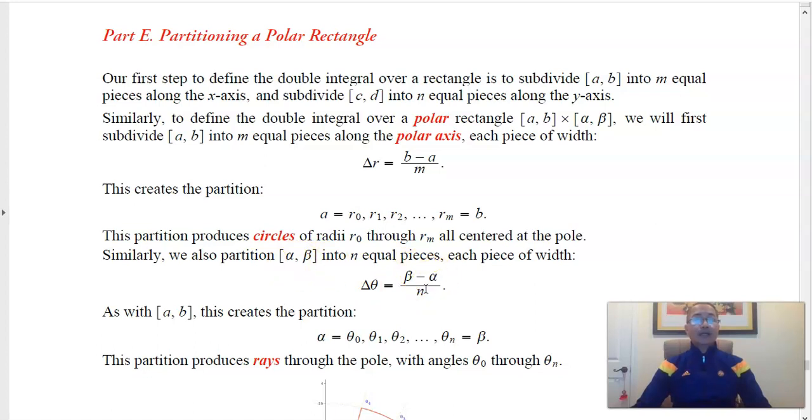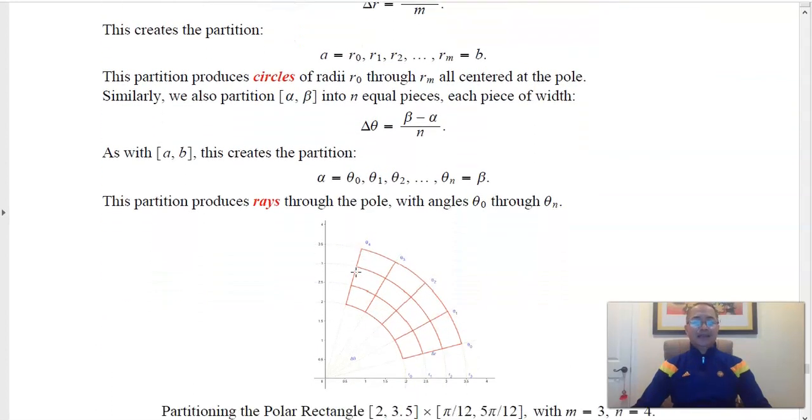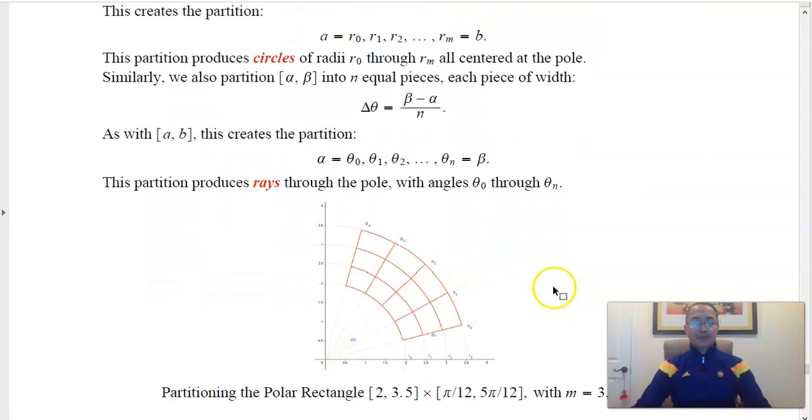Okay, so again, this will produce a partition where now theta 0 is the left endpoint alpha, and then we have theta 1, theta 0 plus delta theta, theta 0 plus twice delta theta will give you theta 2, and so on, until you get to theta n, which will be the right endpoint, beta. So why don't you just show the picture? Okay, here is our picture.